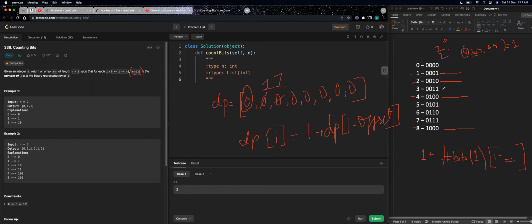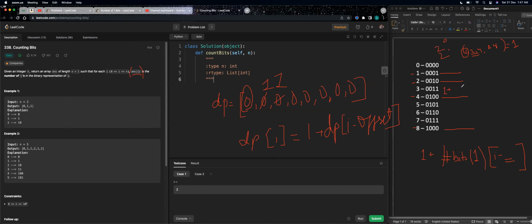For 3, as 3 is not an integer that is a power of 2, the way we would find the number of 1 bits would be 1 plus the number of 1 bits in our dp at i minus offset.